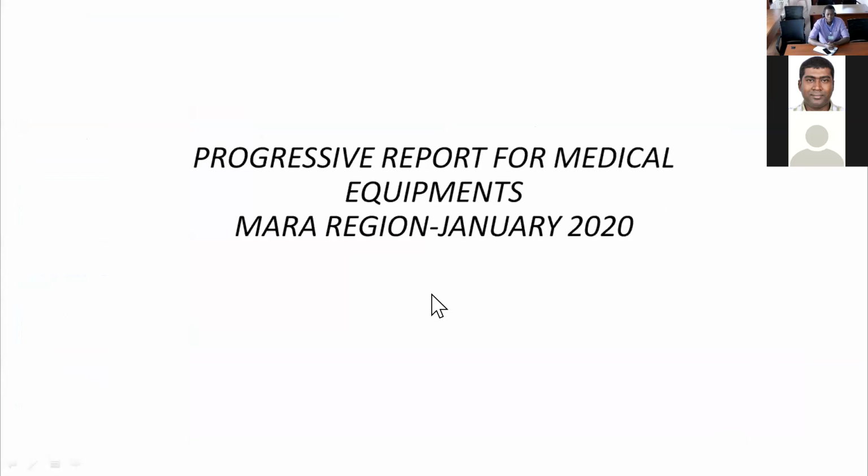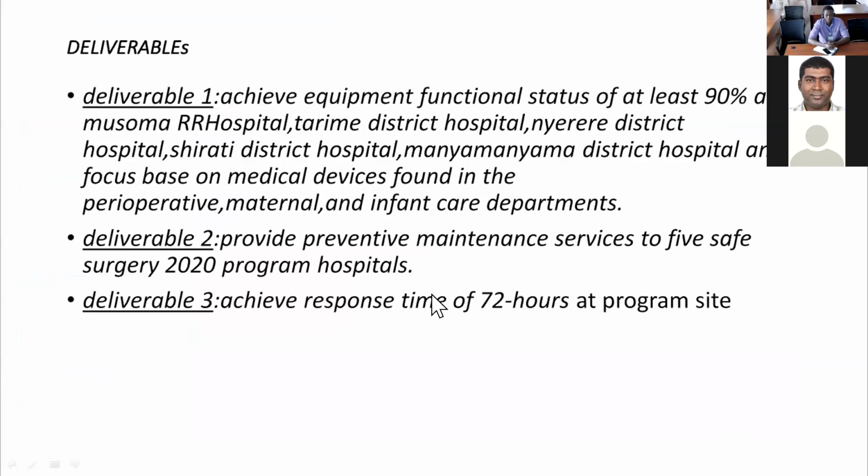Thank you so much. So it's the progressive report for medical equipment for Mara region. So here are the deliverables which we hoped to achieve in MUSOMA hospitals. The first one was to achieve equipment functional status of at least 90% for all the 5 hospitals.